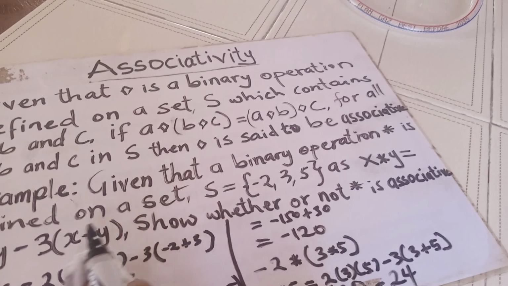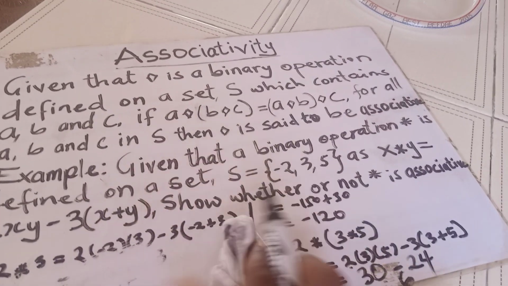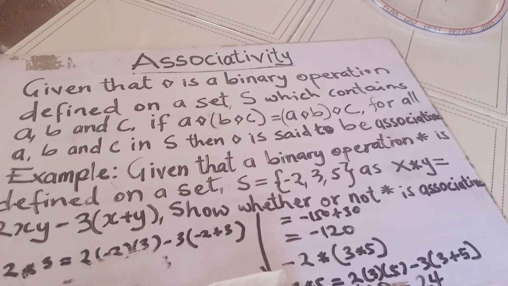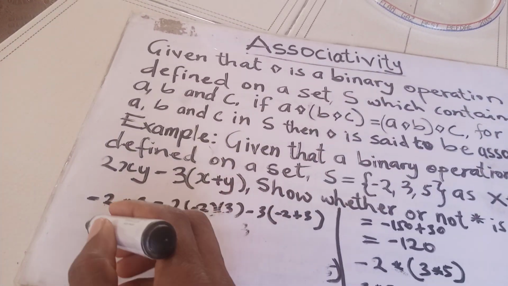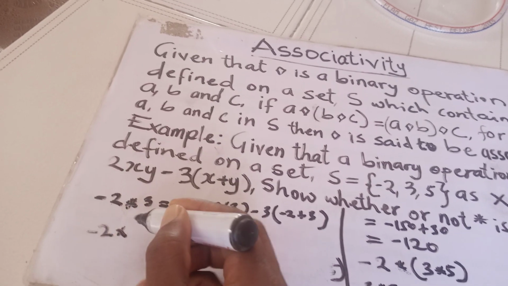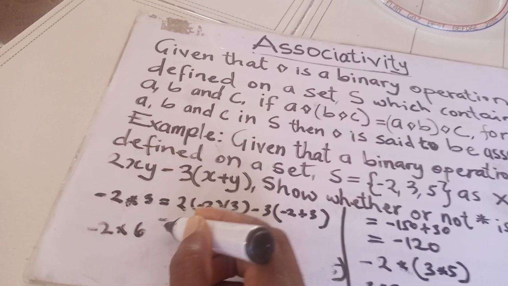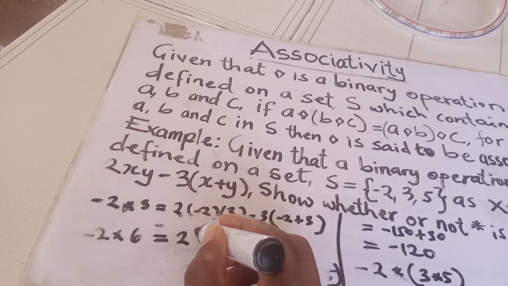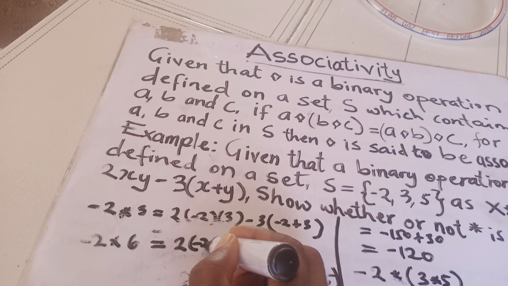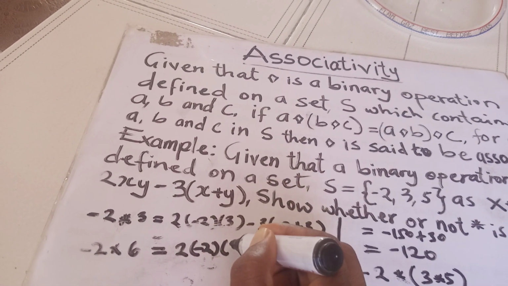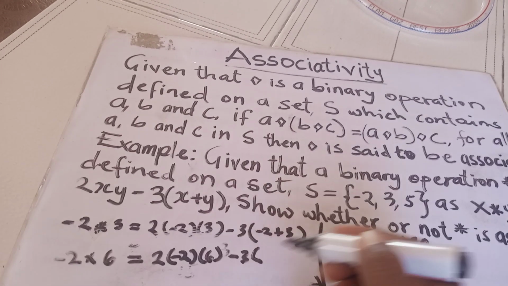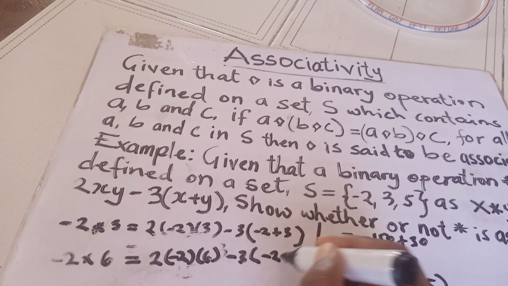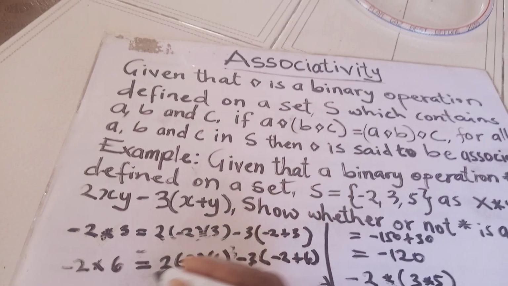Let us now operate -2 on 6. Negative 2 operated on 6 produces 2 into bracket negative 2 multiplied by 6, minus 3 into bracket negative 2 plus 6.